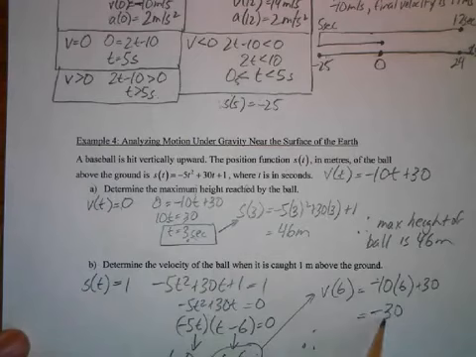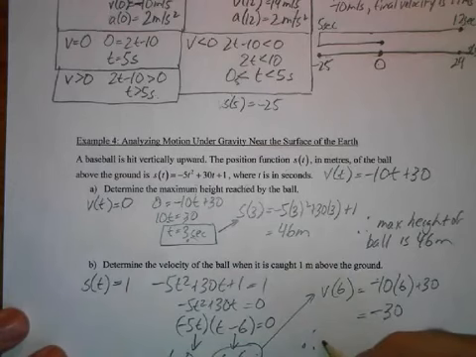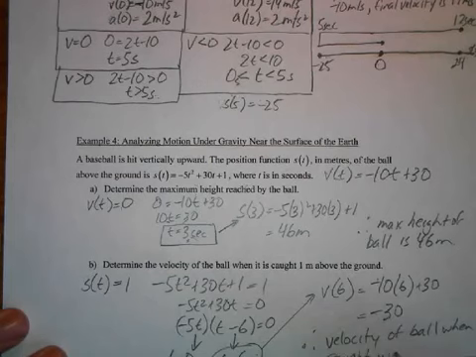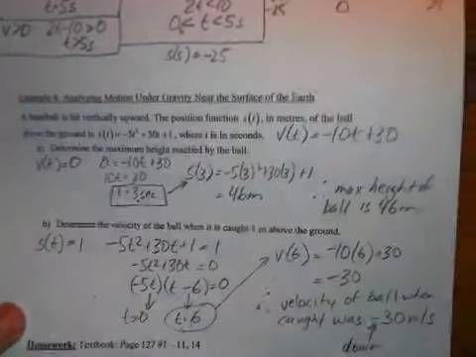Velocity with a negative value, so that means the ball was coming down. So the velocity of the ball when caught was negative 30 meters per second. And if you wanted to, you could say that it was going down at 30 meters per second. Sorry, squeeze that in there.